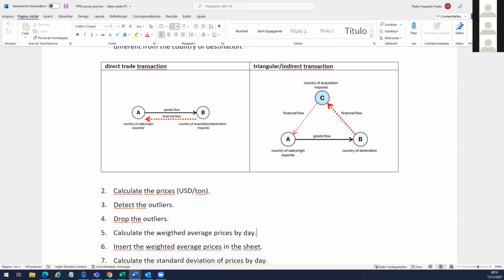So it is important to notice that the country of sale or acquisition is not always the same as the country of origin and the country of destination. And this kind of intermediate structure we found is used both in export transactions and import transactions.